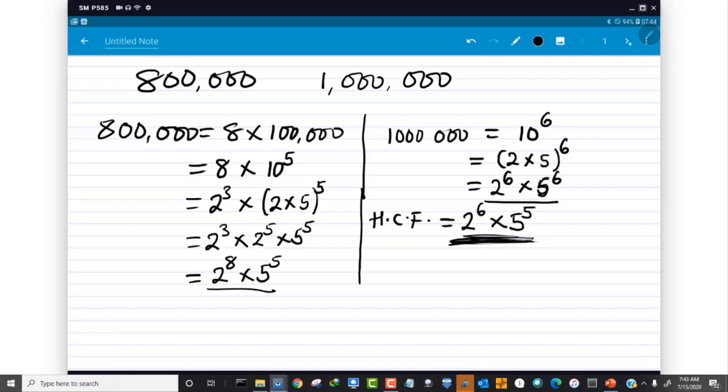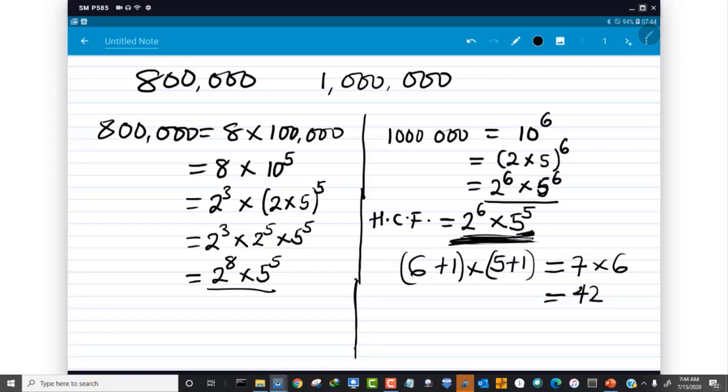And recall from our first application of prime factorization, to find the number of factors of an integer, express it in prime factorization, which we have already, then take the power 6, add 1, then 5, add 1. And when we do that, what do we do next? We multiply the result. That is 7 times 6, okay, so this means we have 42.